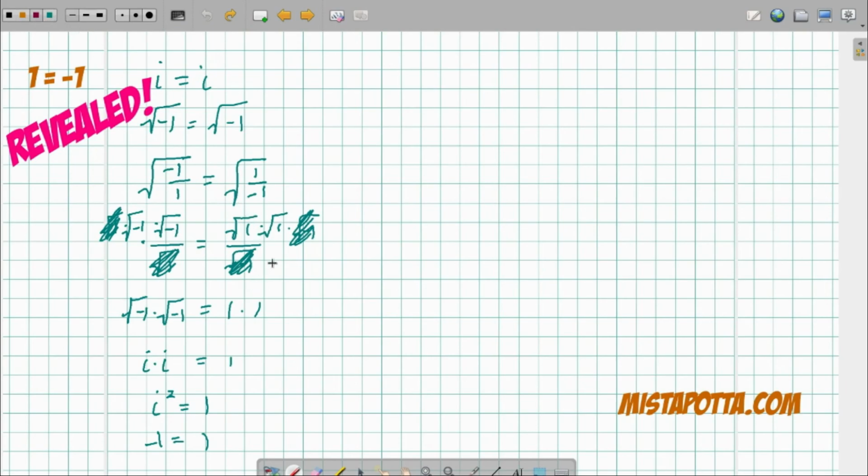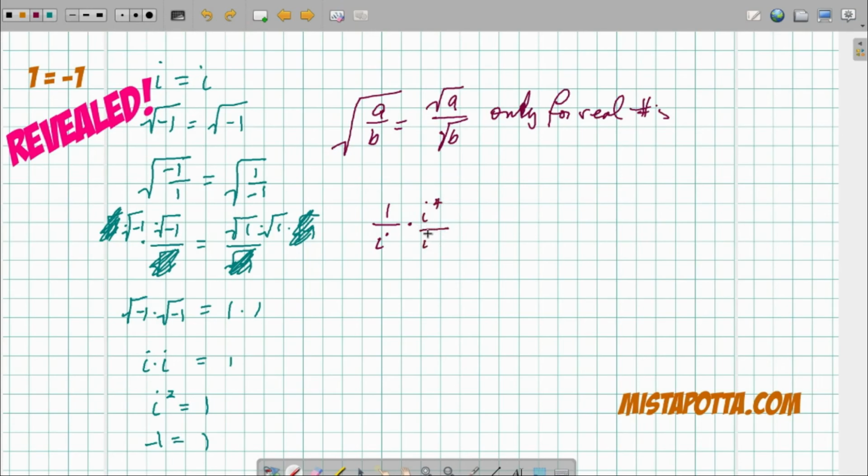And the issue with this is the idea that when I take the square root of a fraction, normally we say that it's the square root of the numerator over the square root of the denominator, but this is only for real numbers. It's not going to work for imaginary numbers. As a matter of fact, if I ever end up with an i in the denominator, I can multiply the top and bottom by i to the 4th, multiplying the top and the bottom by 1.